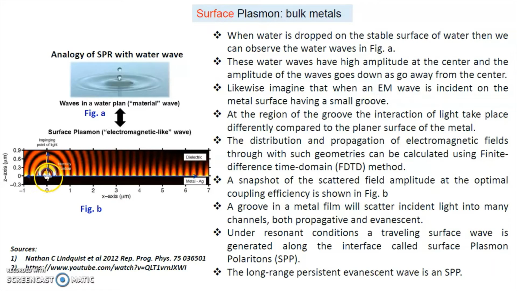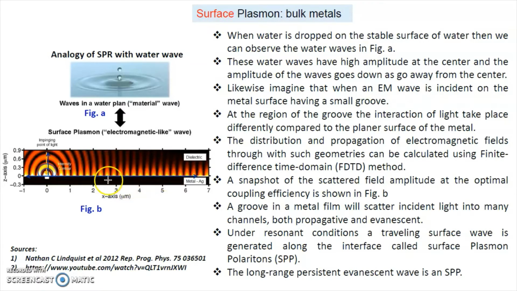There is a white color, then a yellow color, and then a red color. White color means the amplitude is very high. Red color means the amplitude is slightly decreased. Yellow color means the amplitude is slightly decreased. Red color means the amplitude is again decreased.